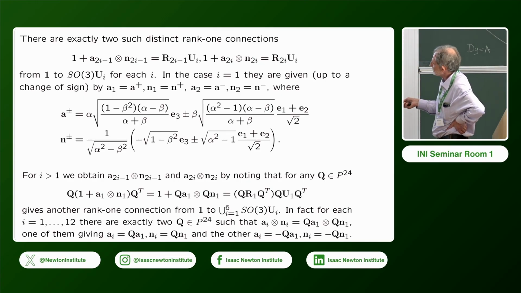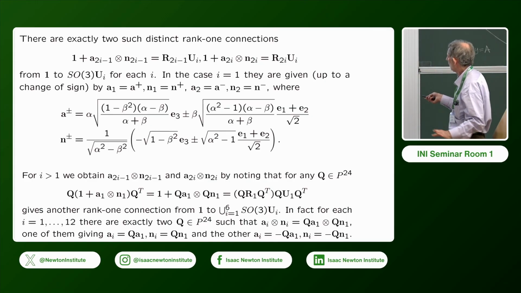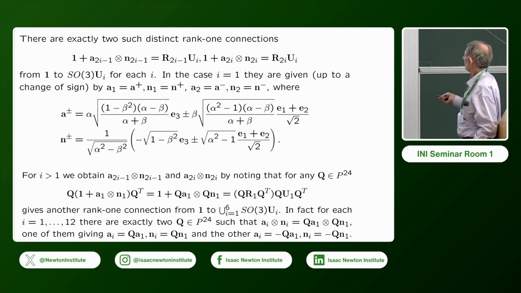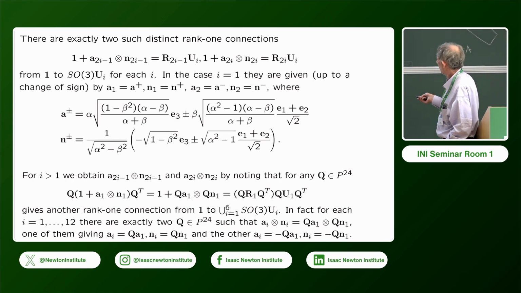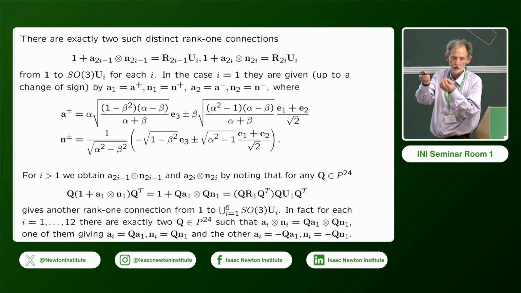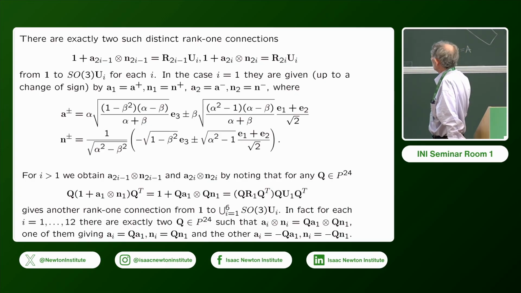And in fact, for each i from 1 to 12, there are exactly 2 rotations Q in P24, such that a_i tensor n_i is Qa_1 tensor Qn_1, and one of them gives a_i is Qa_1 and n_i is Qn_1, and the other gives a_i is minus Qa_1 and n_i is minus Qn_1, which of course doesn't change the tensor product.